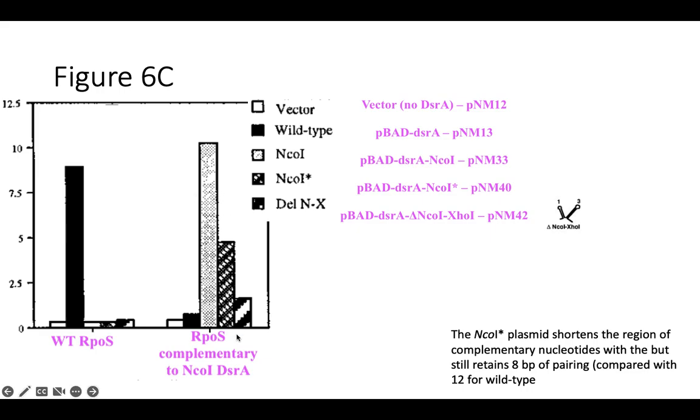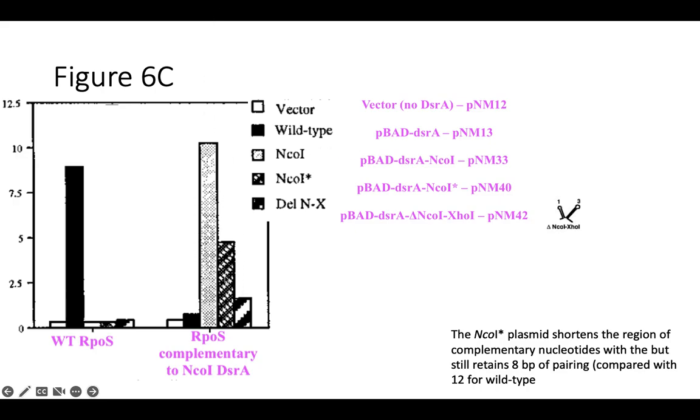Over here, we've modified rpoS such that its leader sequence is now complementary to that restriction site in DsrA. So, of course, when it's complementary to DsrA, its activity is the best.